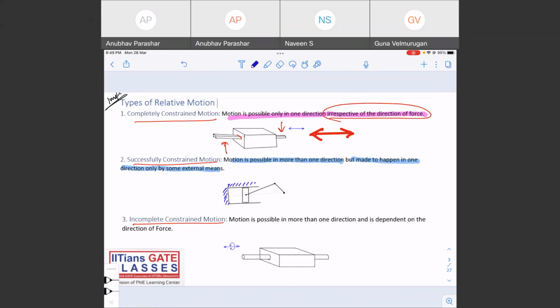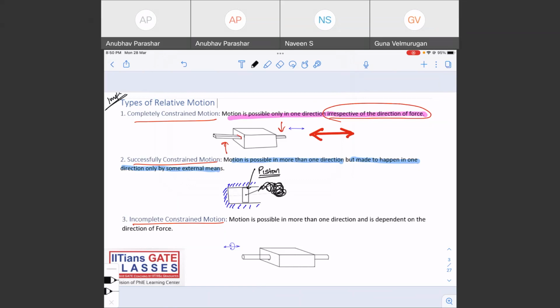Inside the cylinder, you can see there is a piston. Now, what are the types of motion the piston can do? Just initially forget the connecting rod. Forget that there is a connecting rod, a crank, nothing.